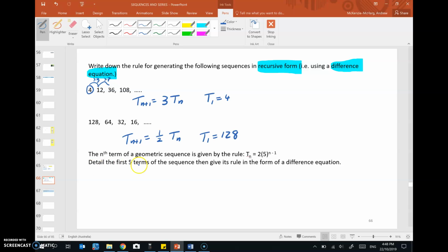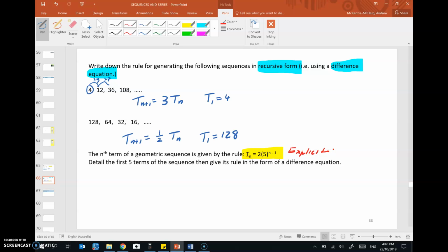Okay, last one here. You might have already tried this. If you haven't, perhaps I'll give you a chance to pause and try it on your own, then I'll have a go at it. Okay, so here we've got the sequence rule in explicit form.